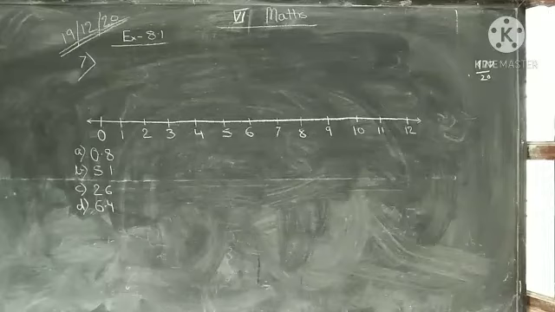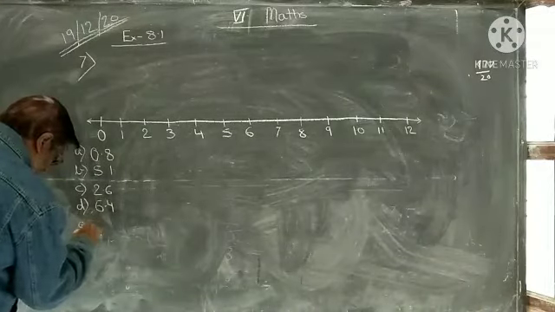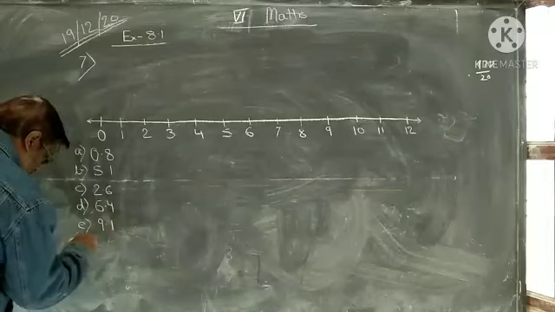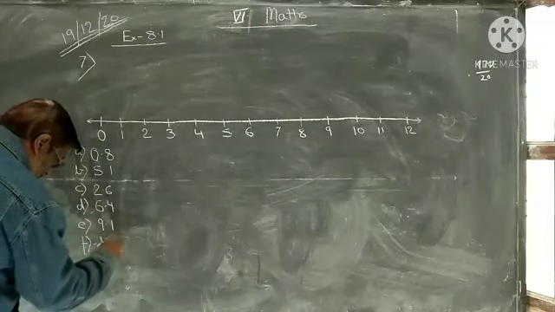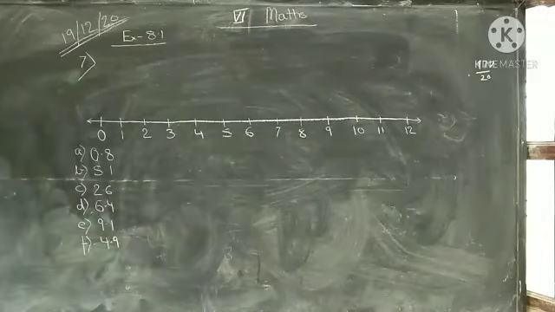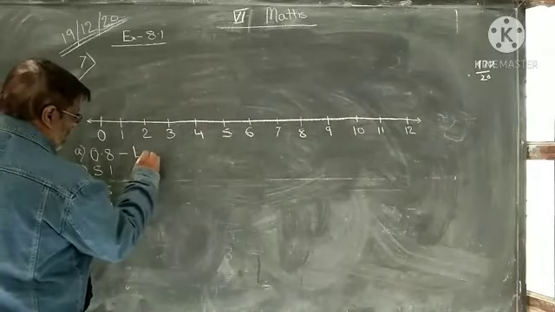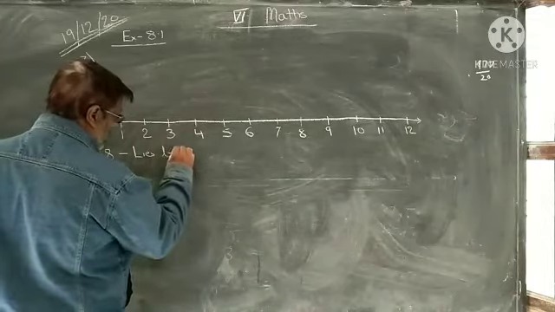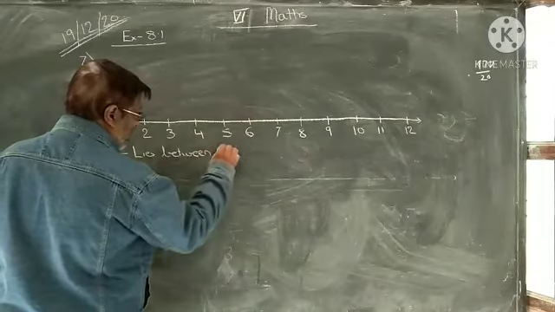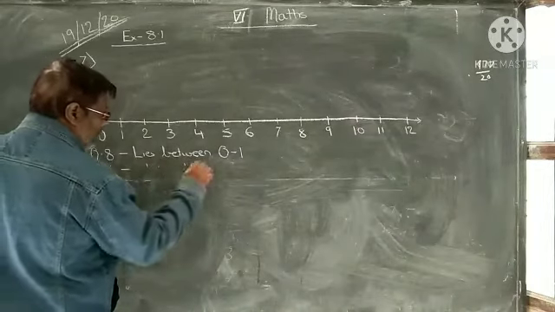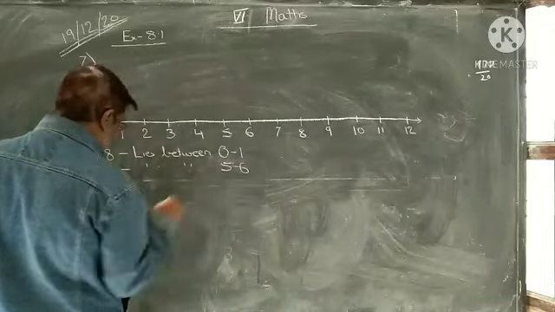The last two which we have are 9.1 and 4.9. So 0.8 lies between 0 and 1. 5.1 lies between 5 and 6.